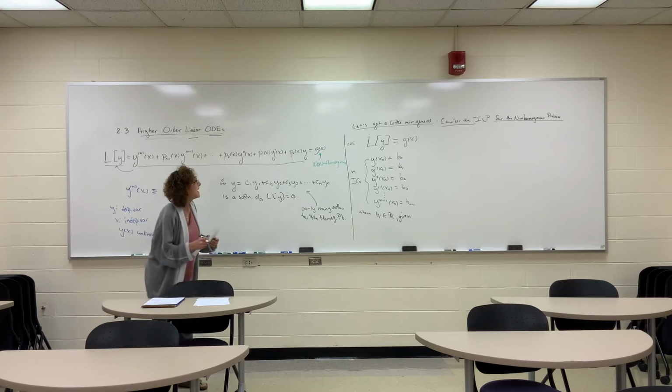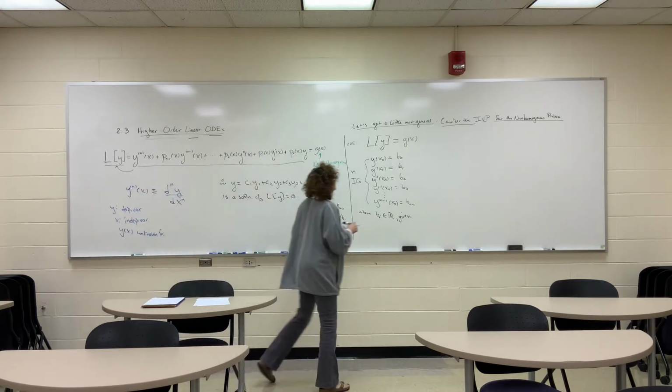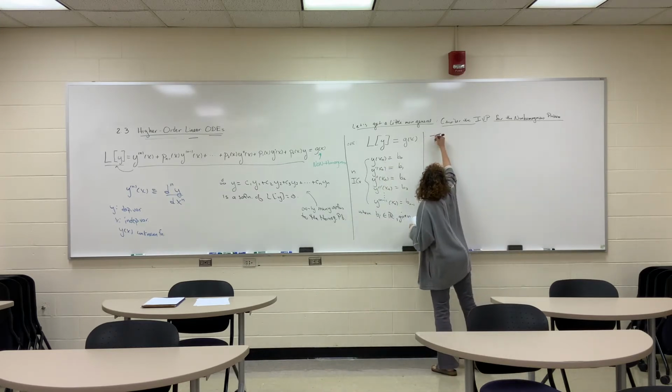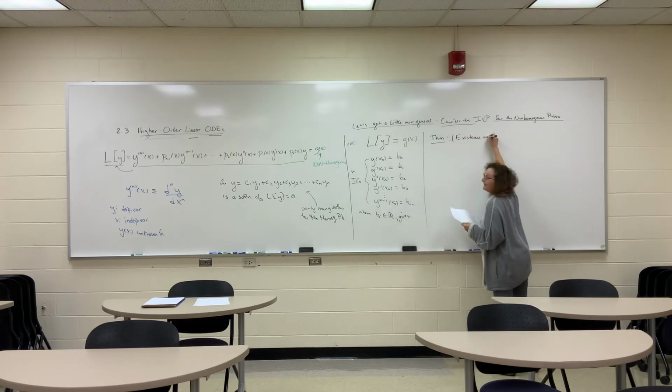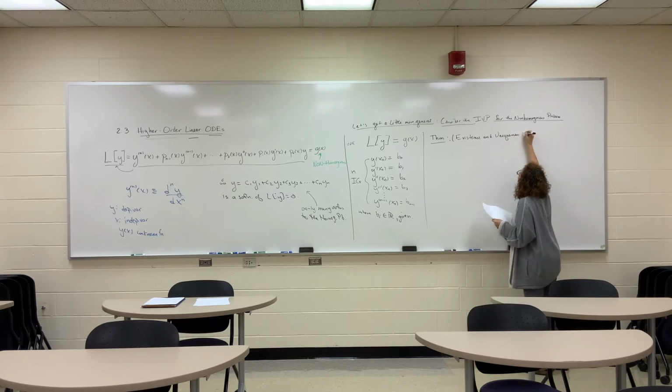So what can we say about this very general problem? Super general. Well, we have a cool theorem. The theorem says this. You might have guessed, it deals with existence and, you got it, uniqueness of solutions.